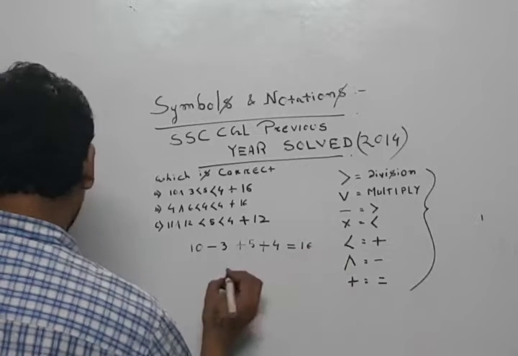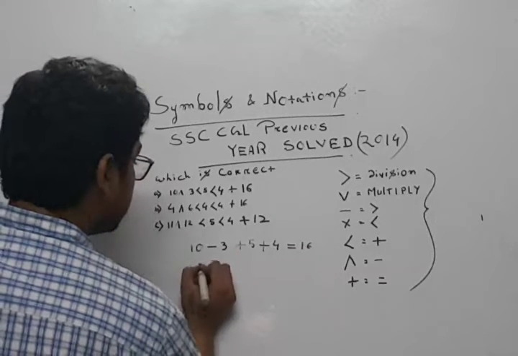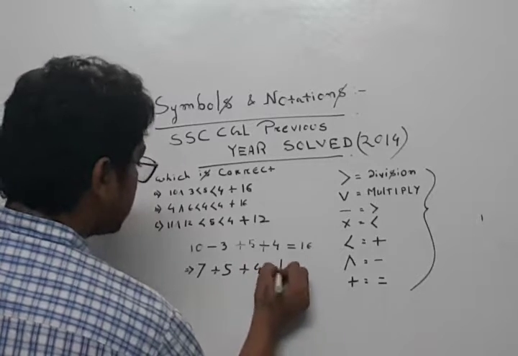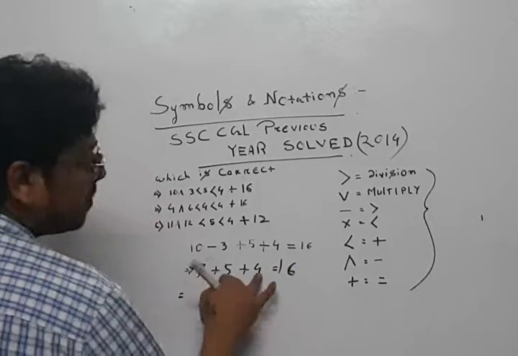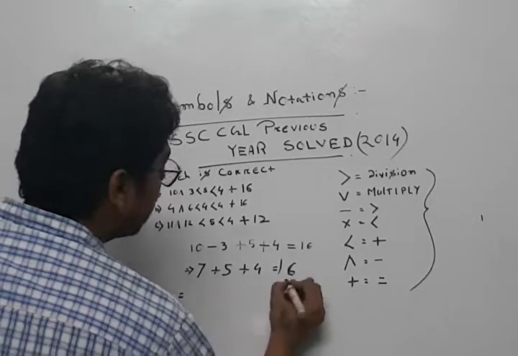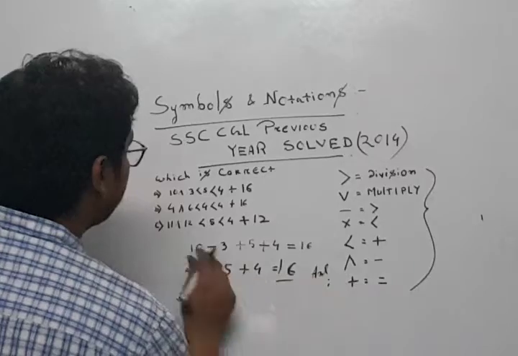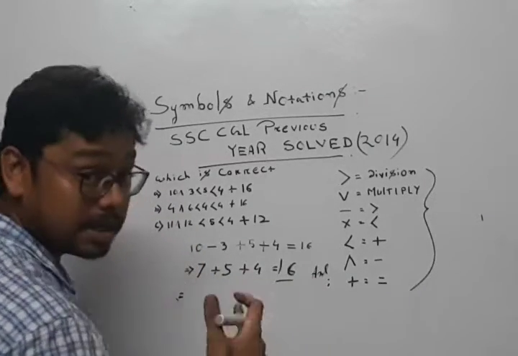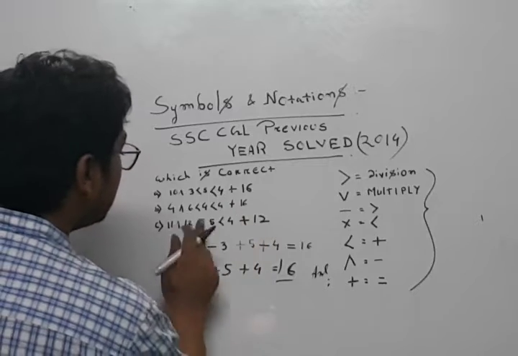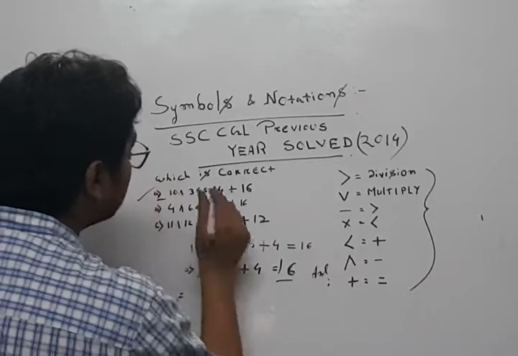Now if we calculate it, 7 plus 5 plus 4 is equal to 16, and yes, it holds, because 12 plus 4 is 16. So that's the right equation. Since all of them have is equal to at the end, option A is the right answer.